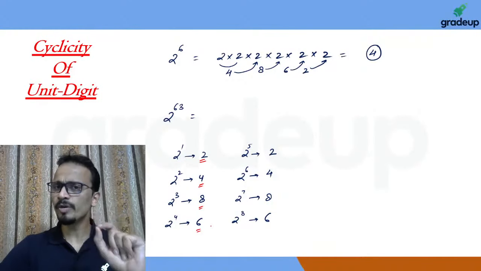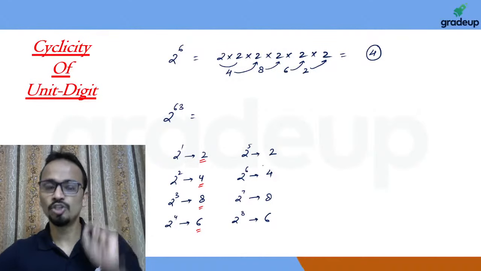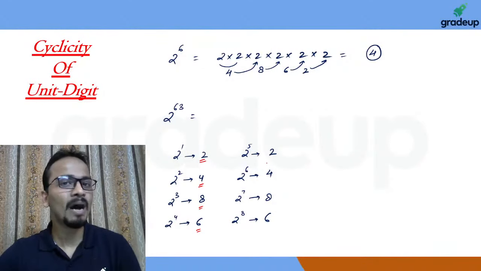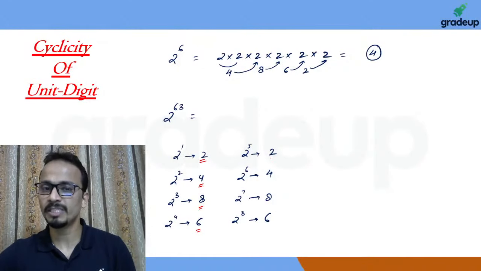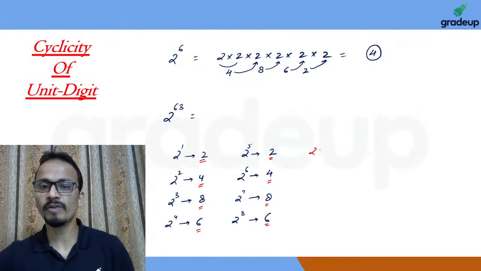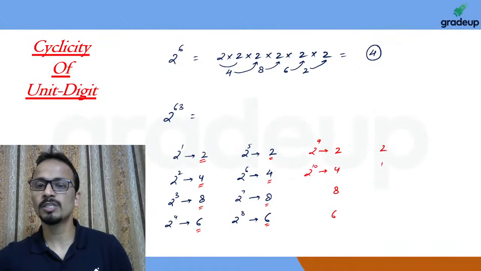After the unit digit of 6, the unit digits in the powers of 2 have started repeating. So again, it is 2, 4, 8, and 6. Further, for 2 raised to the power 9, it will again be 2. For 2 raised to the power 10, it will be 4, then 8, and then 6.